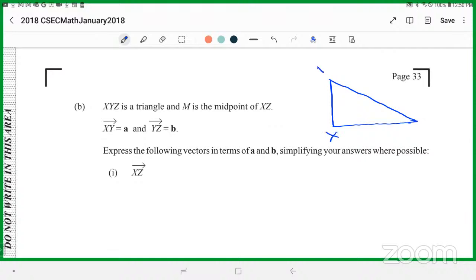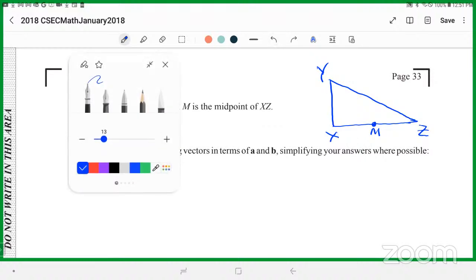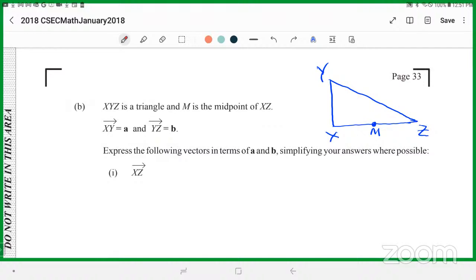X, Y, Z. Then I'm saying M is the midpoint of XZ. XZ is this side, so I'm going to put M right here. Then I'm saying XY is a vector A. That is up here, so I'm going to put A on it. I'm going to draw the triangle so I have a visual of what is happening.